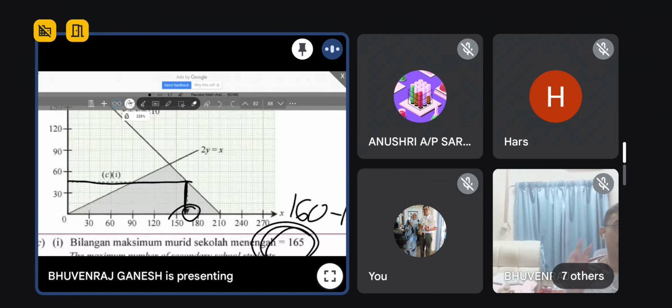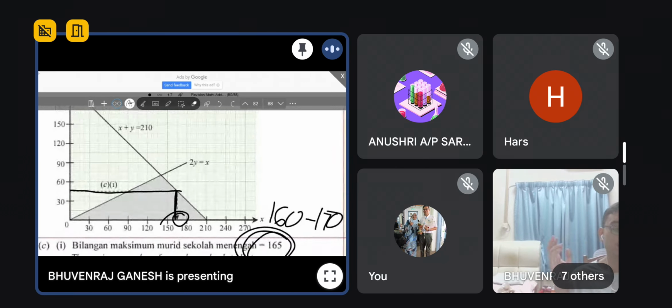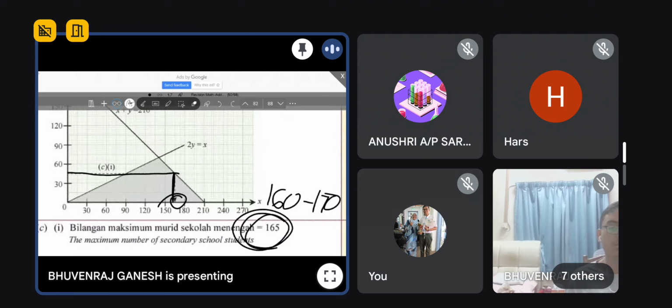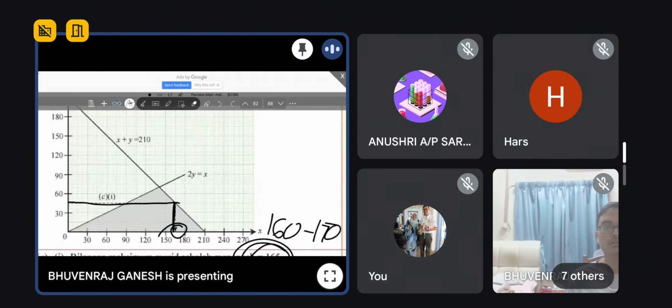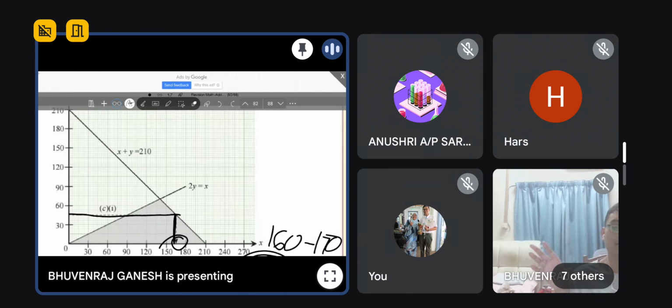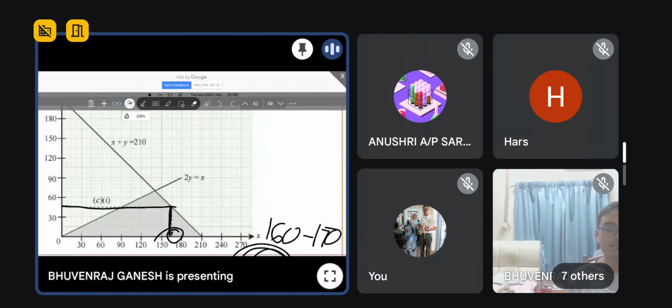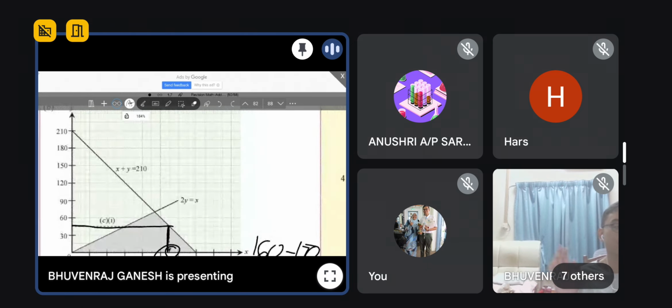So don't worry. As long as your graph is correct, you don't get 165, no problem. They will still refer to your graph. If your graph is totally 100% perfect, then your value is still correct. Okay guys, boleh faham tak? So the most important part in this question is the graph. That's why graph must be accurate no matter what.